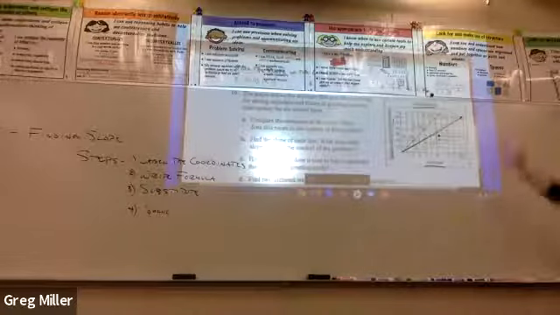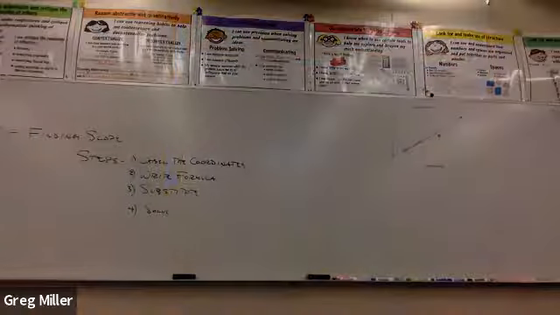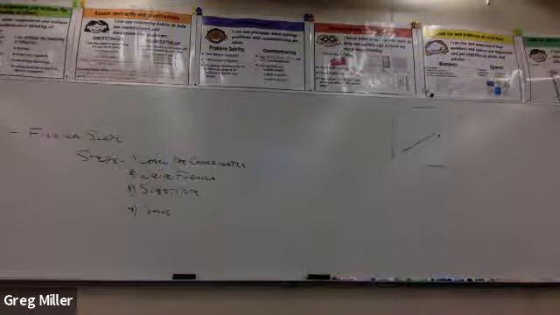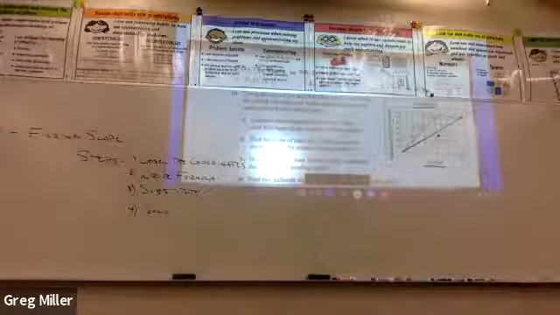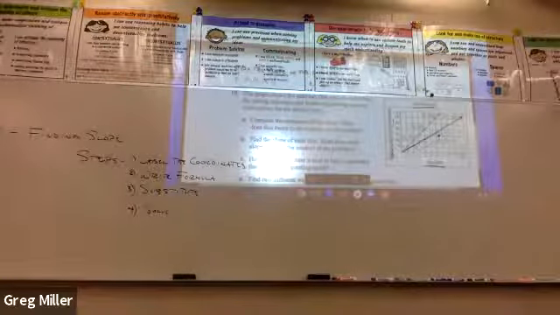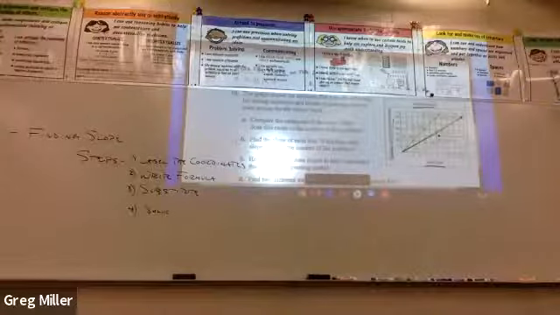So now, let's go through them. Now that we know what the graph means, let's go ahead and read and answer the questions. So A, compare the steepness of the lines. Which line is steeper, my greeting cards or my calendar? Which one's steeper? Calendar. Okay.